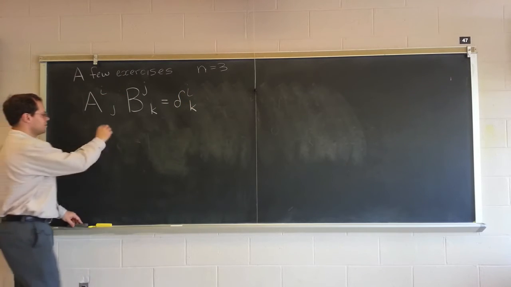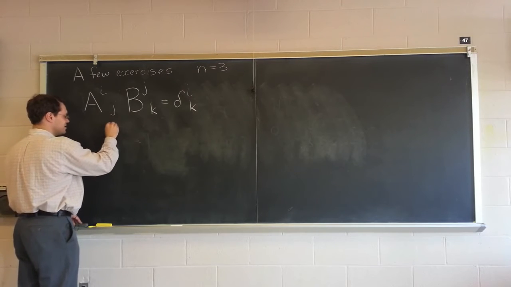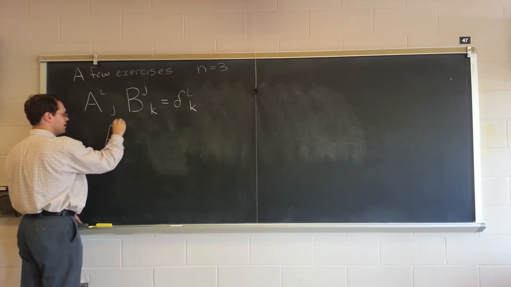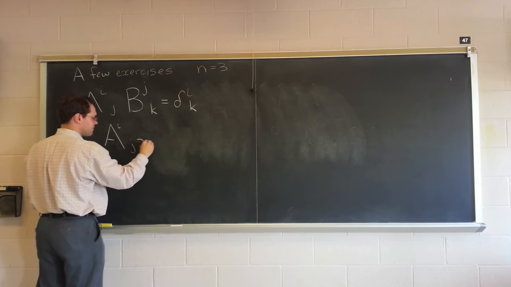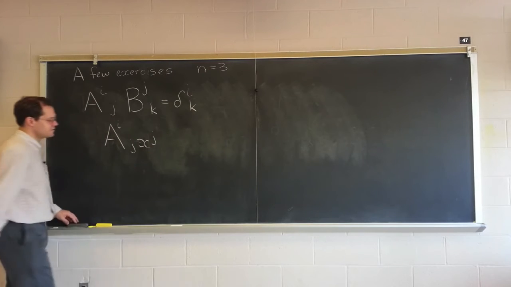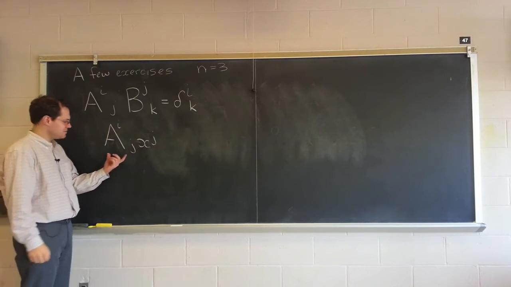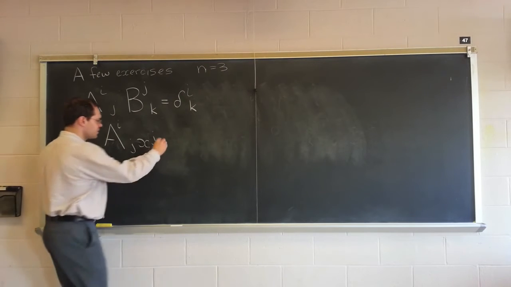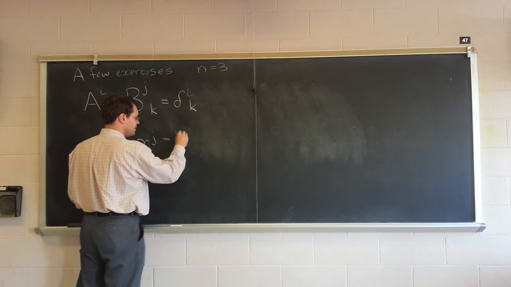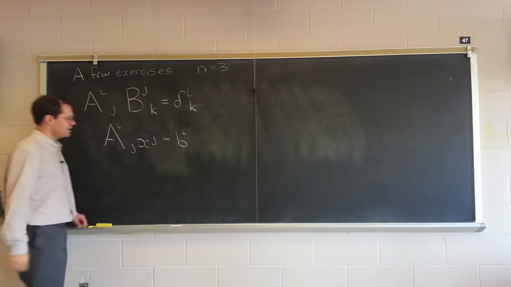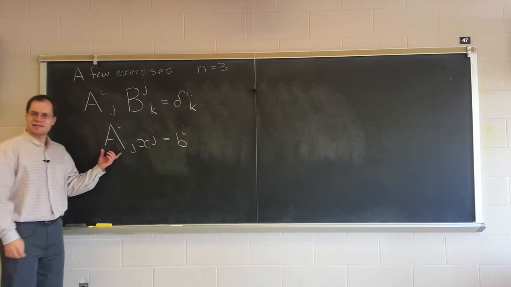And now let's look at this statement: A ij x j equals b i. You can think of it just for now as a matrix multiplying a vector. Ax equals b in tensor notation.